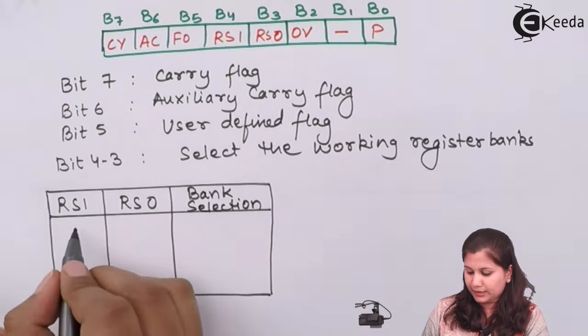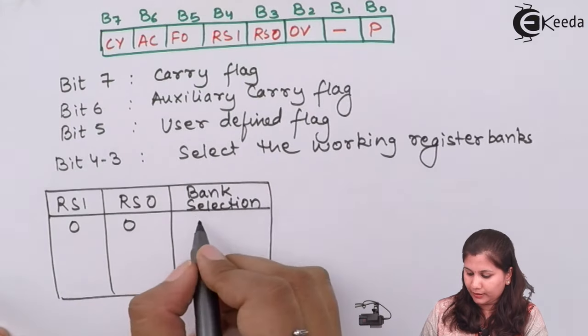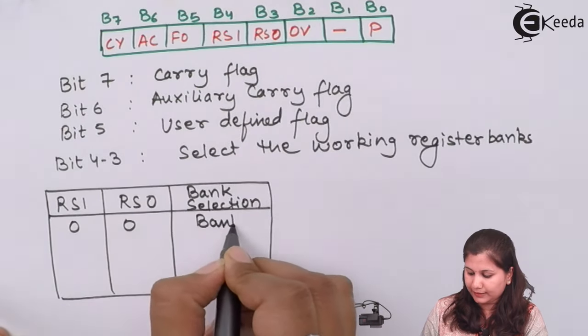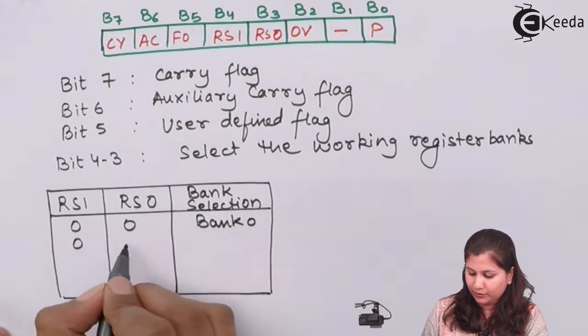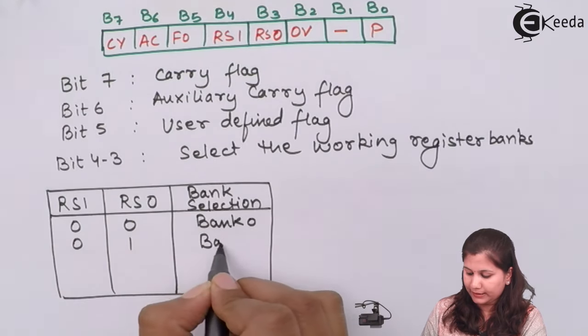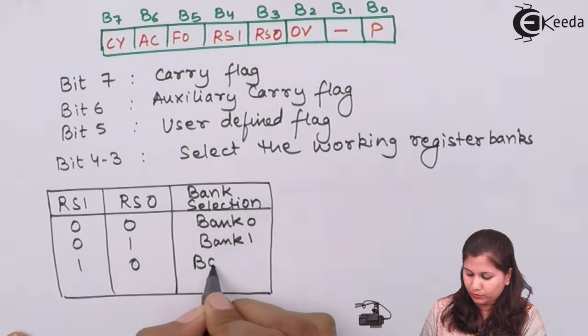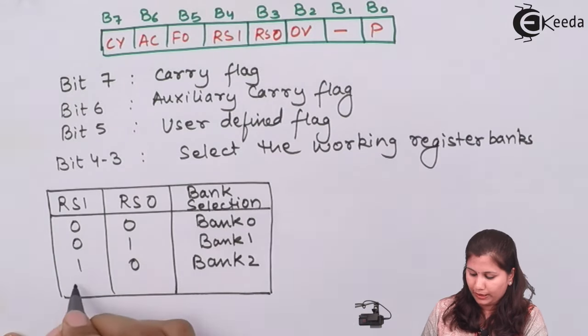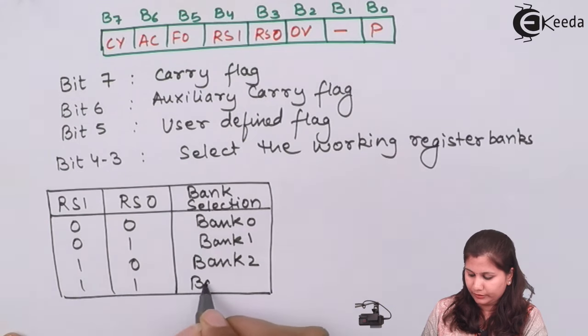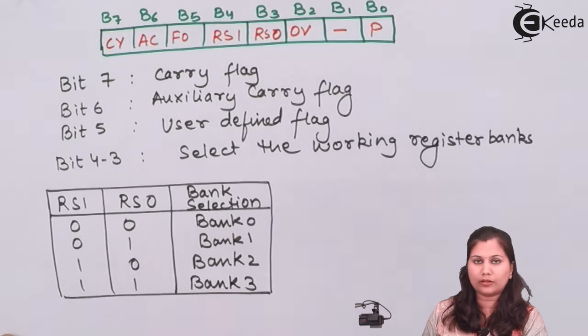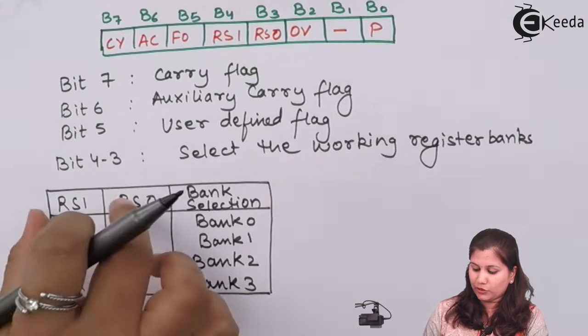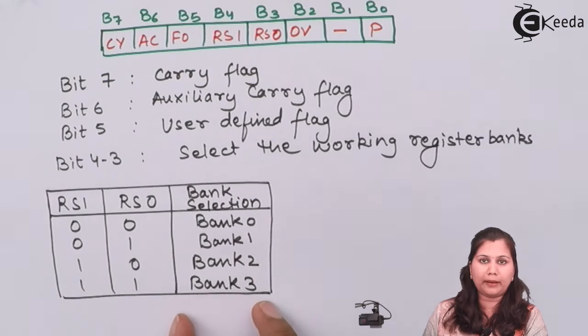When these bits are 0 0, bank 0 is selected. If it is 0 1, bank 1 is selected. 1 0 selects bank 2, and 1 1 selects bank 3. In this way these two bits select the banks.